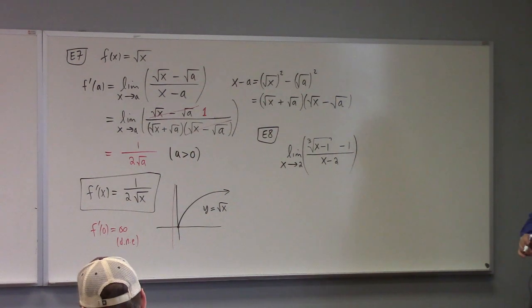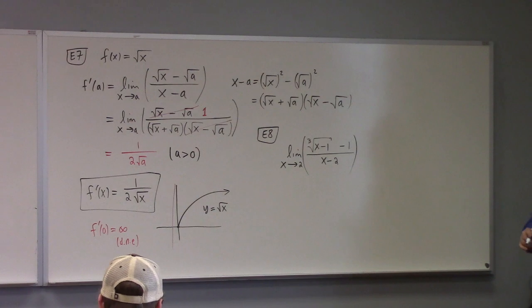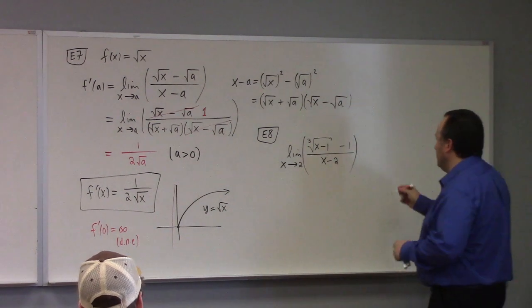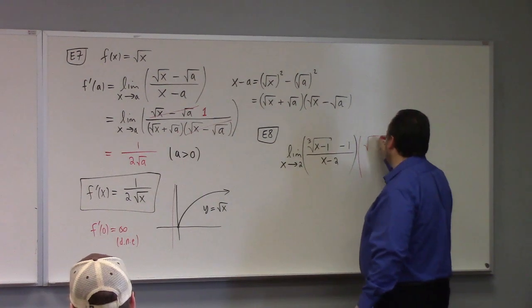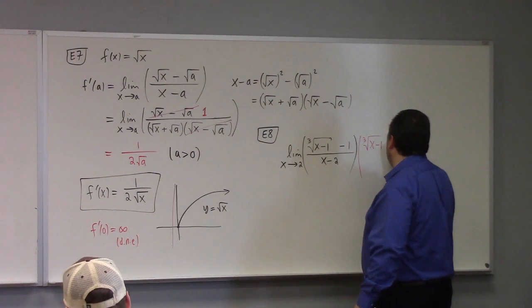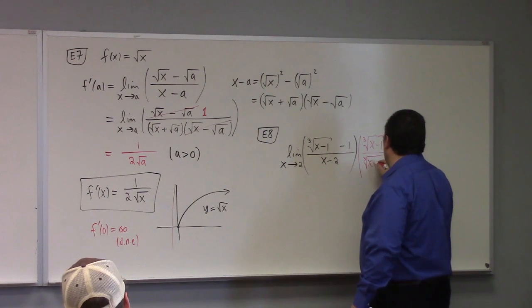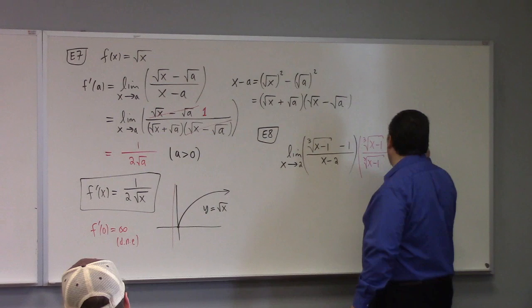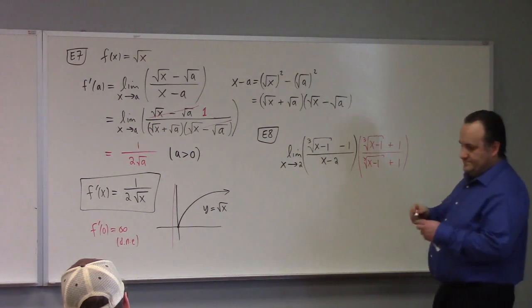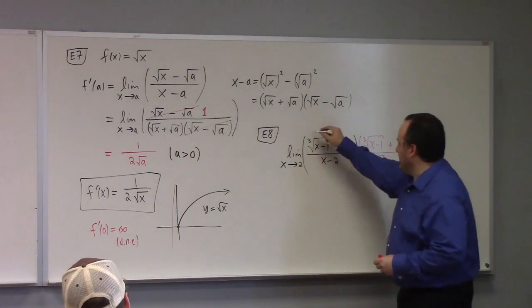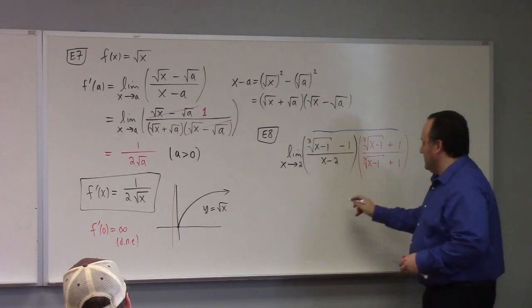So this kind of problem is trickier than some of the things we've done, I think. I just want to point out that the usual trick doesn't work here. See this? If you just try multiplying by cube root of x minus 1 plus 1, what happens to the numerator when you multiply this out?